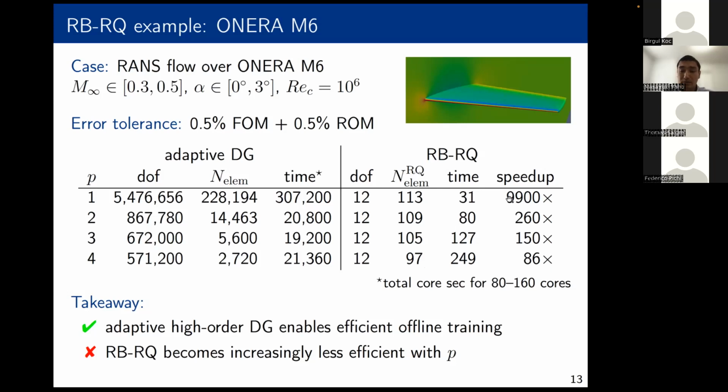So it's a very healthy 10,000 times speedup compared to just using the adaptive DG method with piecewise linear approximation. But notice that as the underlying polynomial degree increases, the computational time actually gets slower for the ROM. So somehow this method becomes increasingly less efficient for higher P, and this is unfortunate because high-order methods are more efficient in terms of the offline training time.